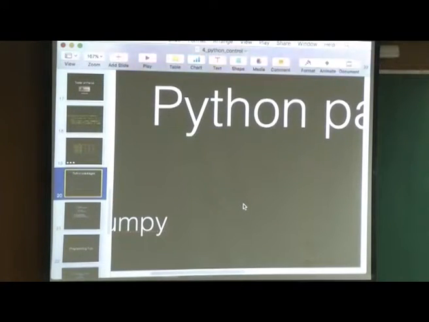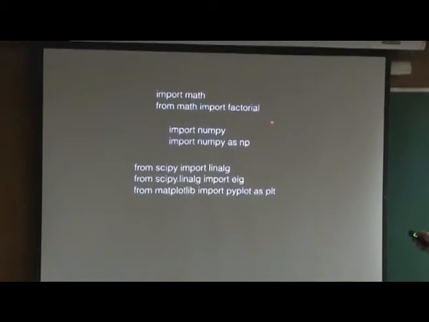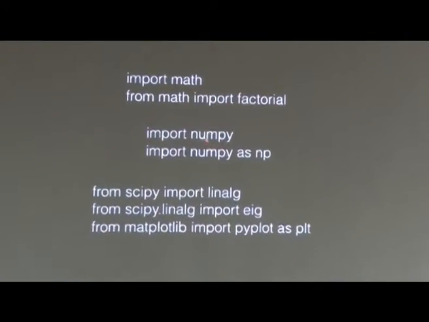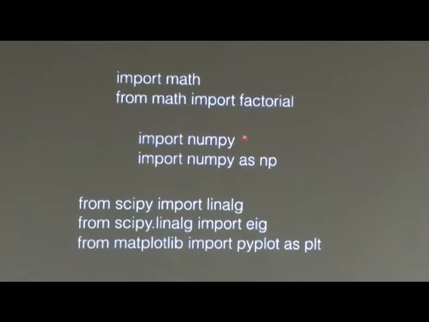I listed some flavors here. If things are clear, import is the way to do it, but there are many ways to import, and you should think about it. You will find it in sorts like import math, or from math import factorial, so you will import only this. Import numpy, or import numpy as something, this shorthand.